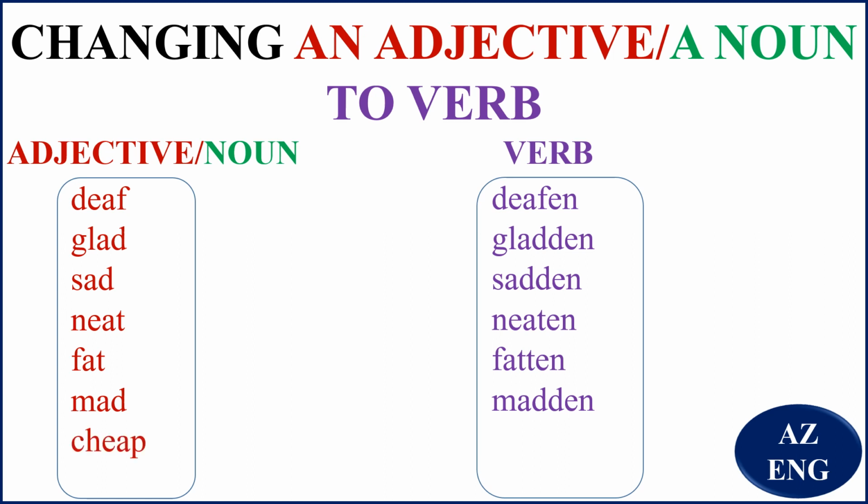Cheap, it is not expensive. So if something is expensive, you want to decrease how expensive it is. What do you do? You cheapen. And the word cheapen, or if a person is cheap, that is their status, I mean position, is low. And someone whose position is low has no respect.